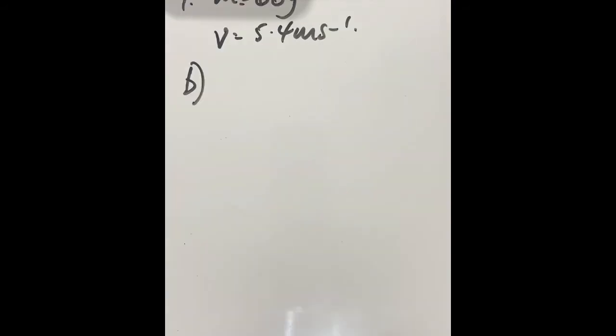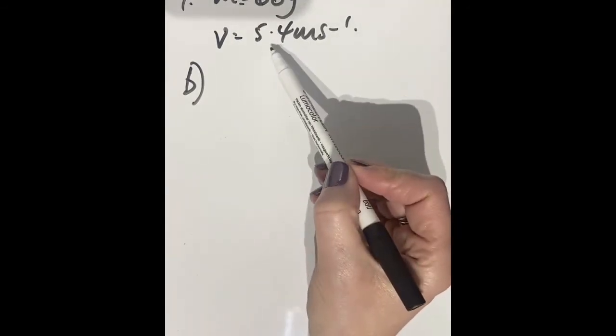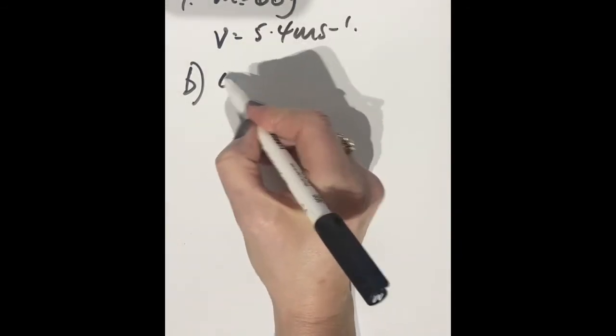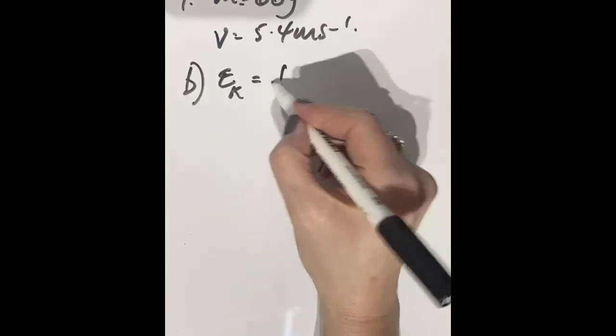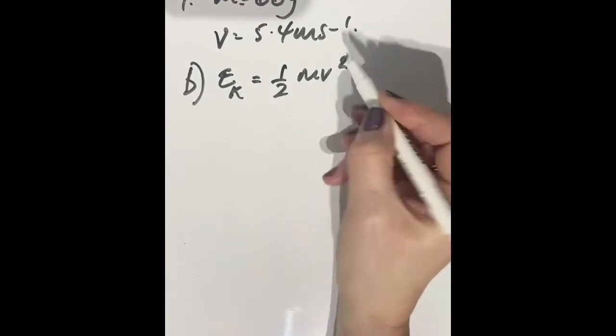Okay, next bit, part B. What's the velocity at which it leaves the ground? So if it loses 25% of its kinetic energy, well, this is the velocity at which it hits the ground. So let's work out the kinetic energy with which it hits the ground using half mv squared.